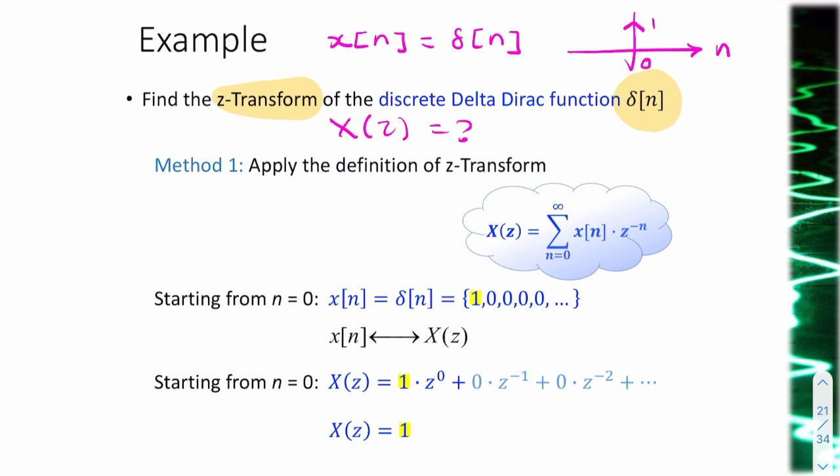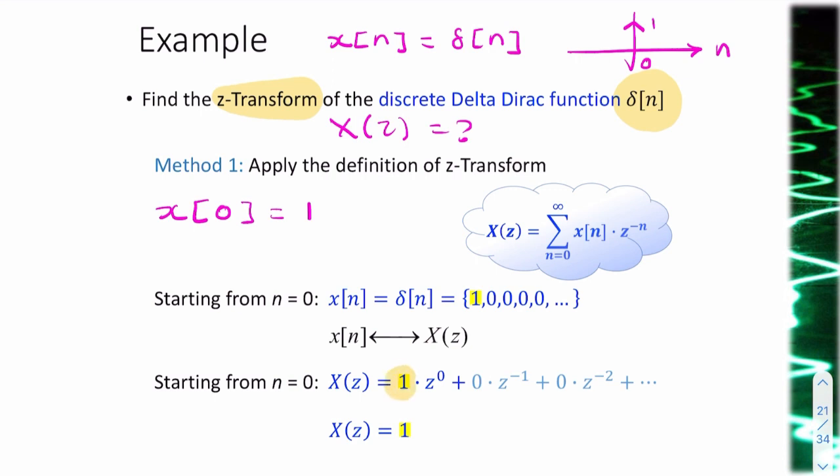Now, for a discrete time signal, you can actually describe x naught as being 1. So this value here, if it was a continuous time signal, then that would be the area. But for a discrete time signal, or a discrete time version of the Dirac delta function, that is actually the area there. So all you're doing really is multiplying that times z to the power minus 0.